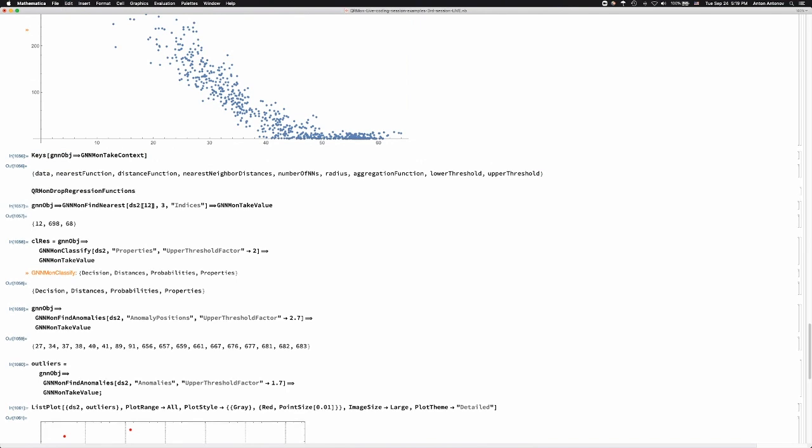If I show what happened here. All right, so if I take this object, actually, instead of taking the context, I can just take the nearest neighbors function.